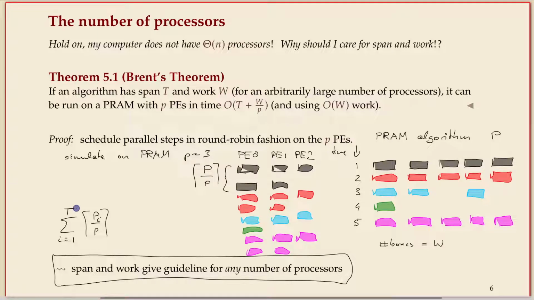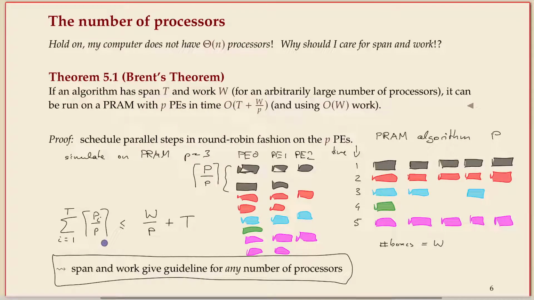I should have introduced proper notation for this, but if you say capital P_i is the number of processing elements that are active in step i, then P_i divided by P, rounded up, is the number of rounds you have to do in this round robin schedule.